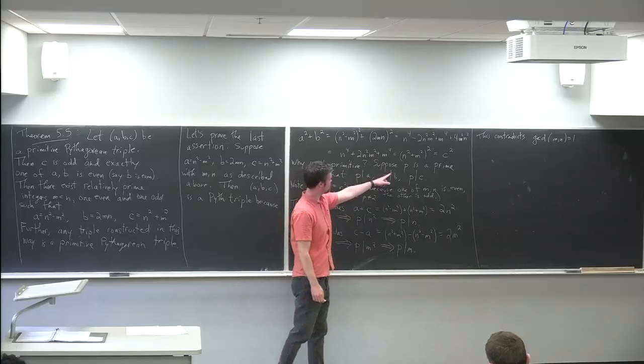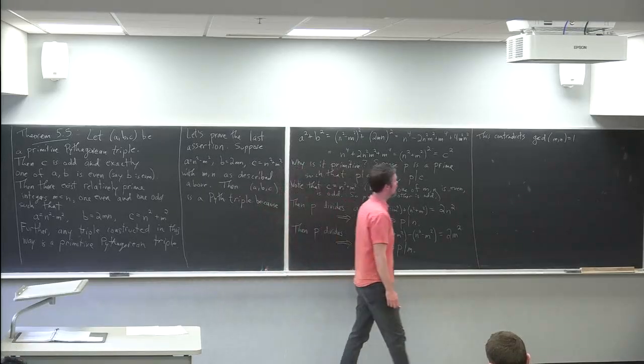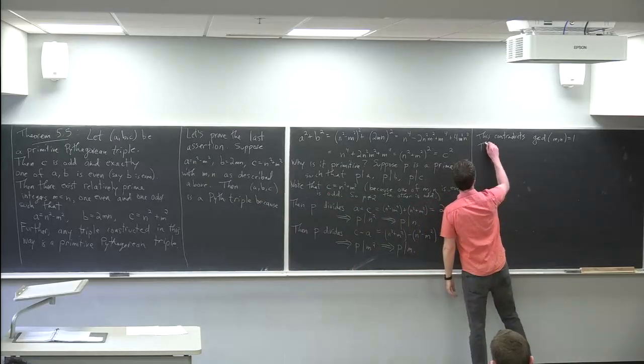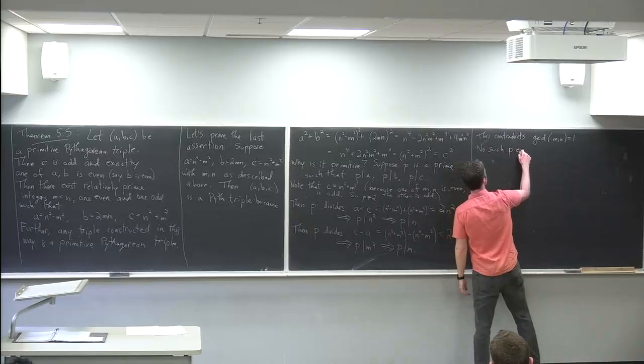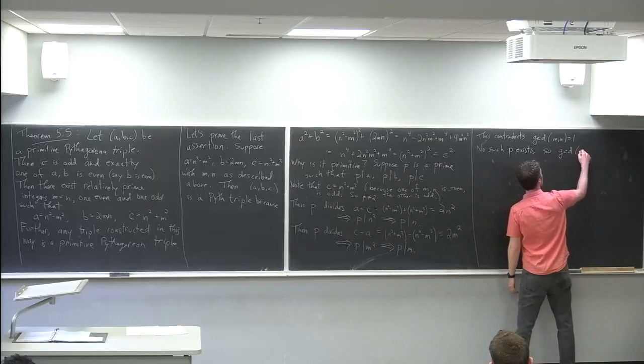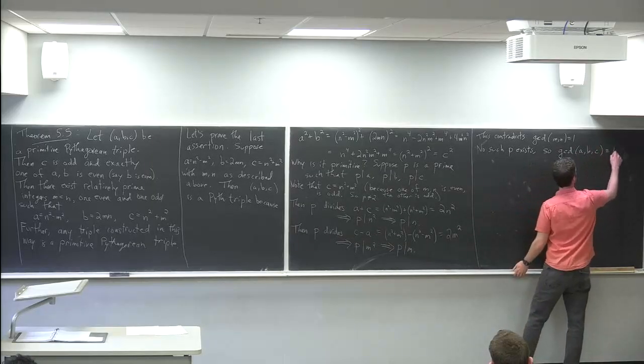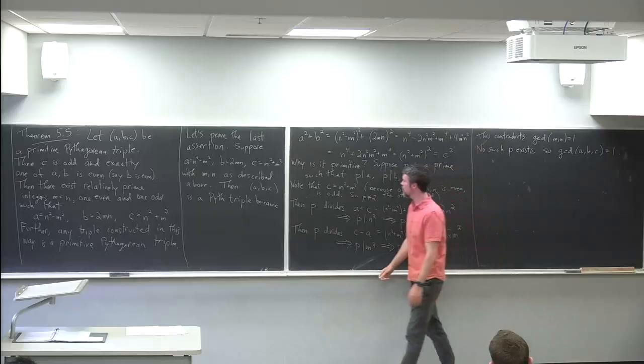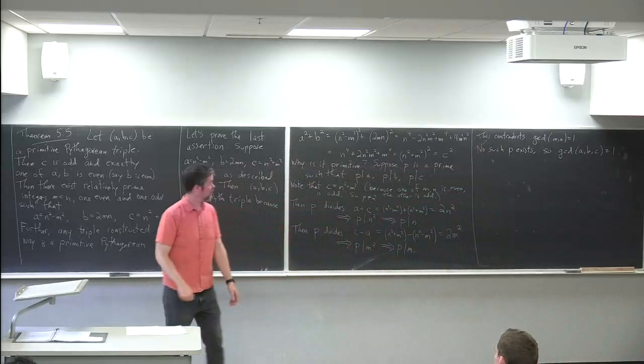No such prime can exist, and therefore no such p exists. So that means the GCD of a, b, and c is in fact 1. And so that completes the proof. It had to be primitive.